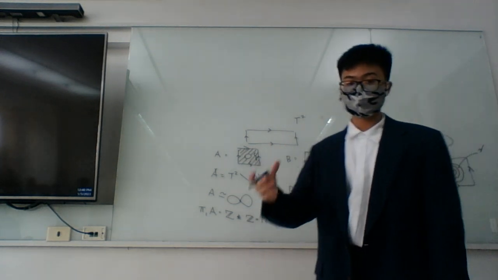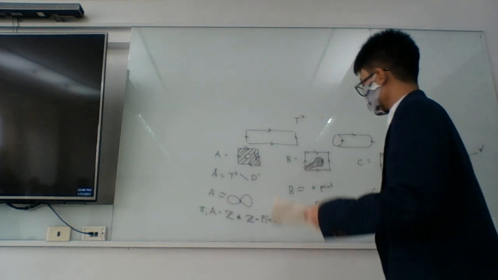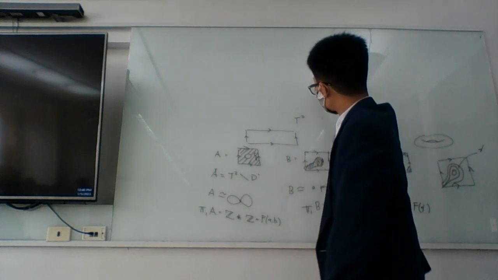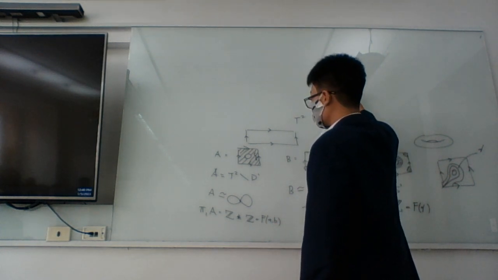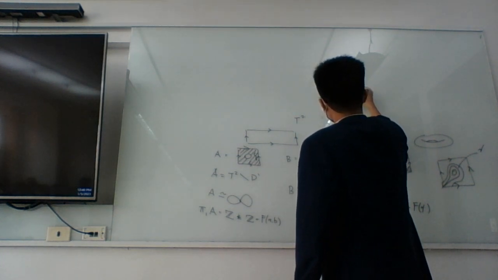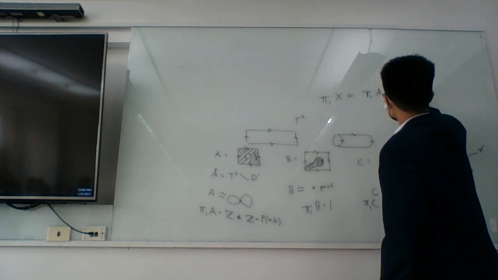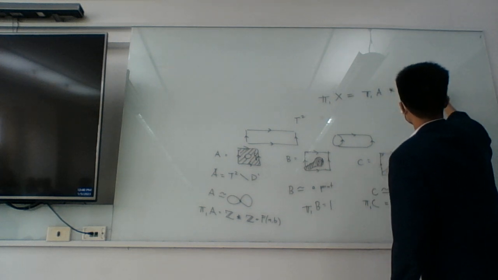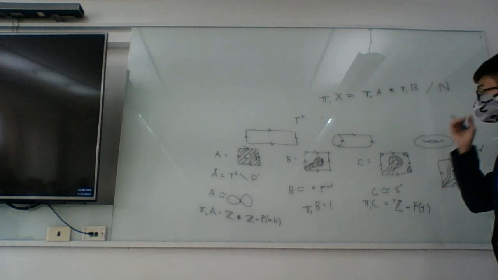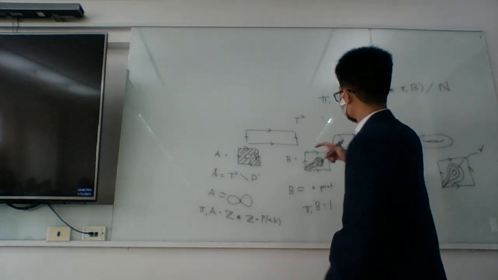And this is where what I said about presentations and groups themselves, or group presentations, come into play. So from Van Kampen, you guys remember that pi 1 of the space X is equal to pi 1 of A free product pi 1 of B mod some small normal subgroup N. Okay, so let's just substitute the necessary stuff.